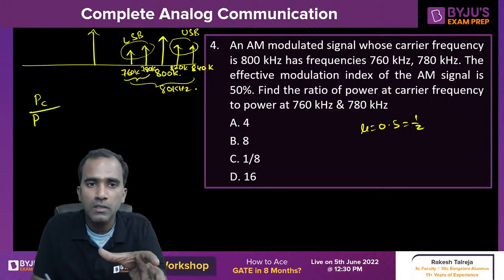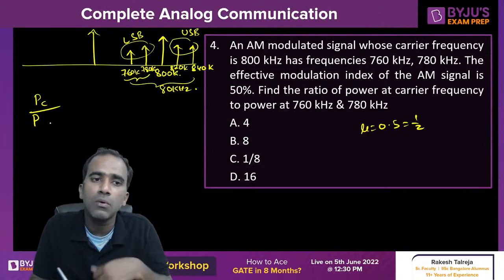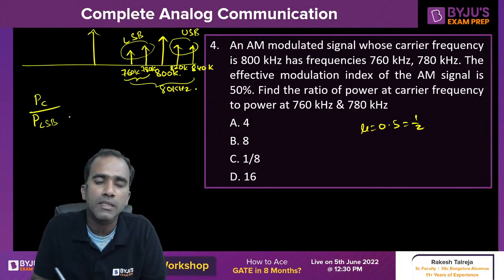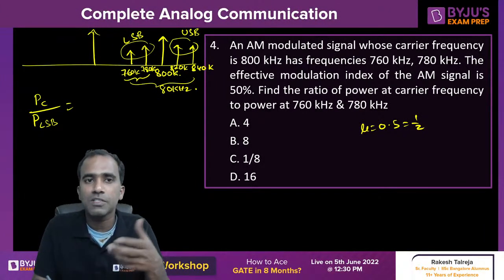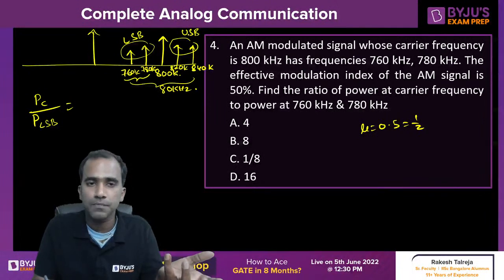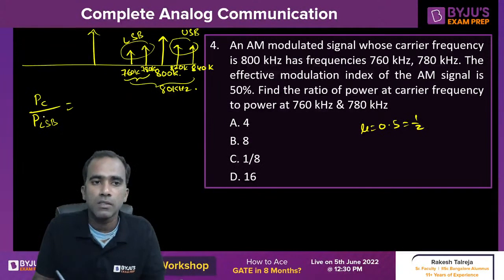So exactly speaking, they are talking about power in only the lower sidebands. From the question, try to convert it into our understanding. So we use this language of lower sidebands and upper sidebands. They are interested in the power of only the lower sidebands. So this ratio they are asking us: Pc divided by the power of the lower sideband.